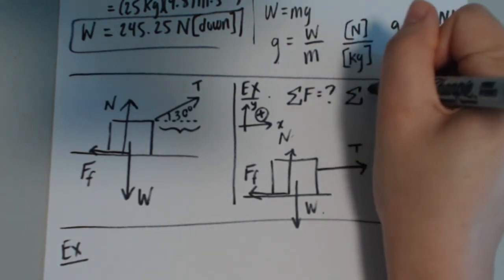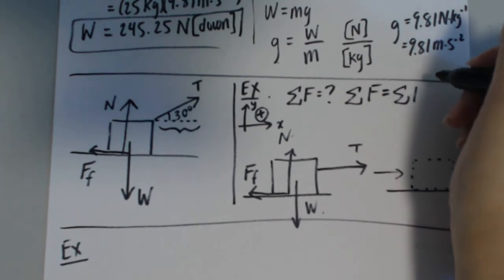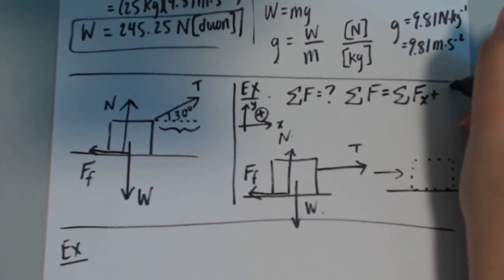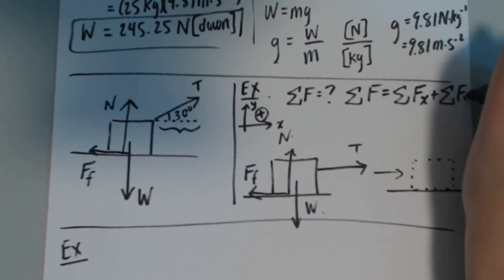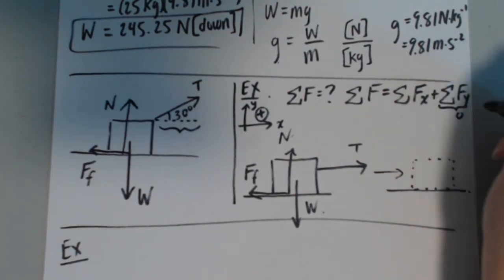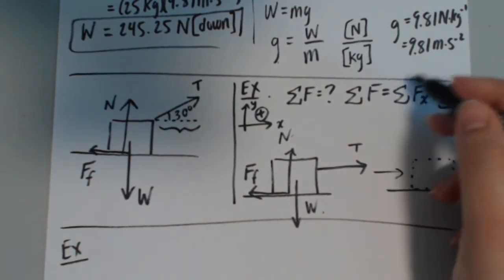And in reality, the net force, the sum of all the forces is coming from, excuse me, really bad allergies, I apologize. The sum of all the forces in the x direction plus the sum of all the forces in the y direction. And if in the y direction everything is balanced, I can say that this is 0, which means I only have to inspect the forces in the x direction.